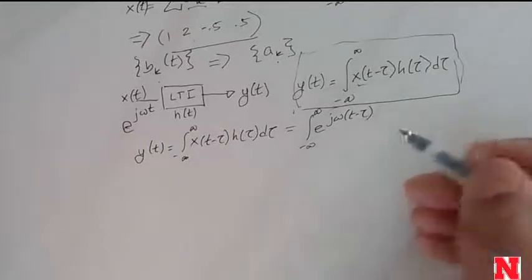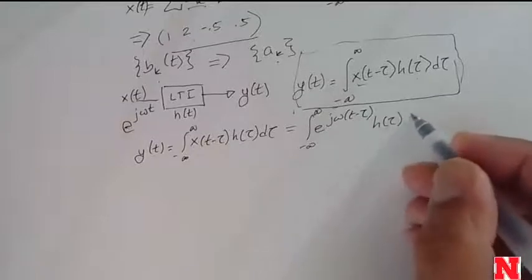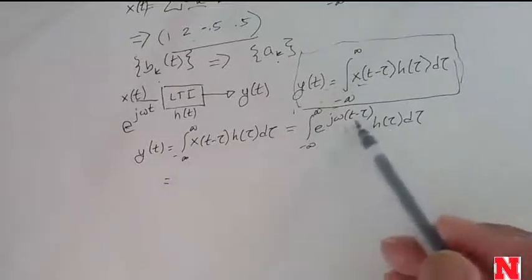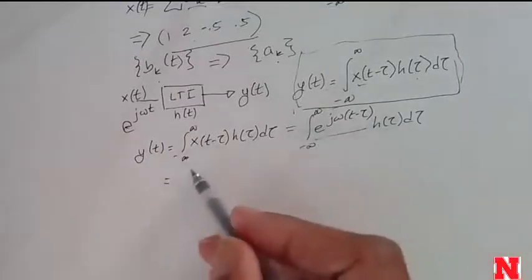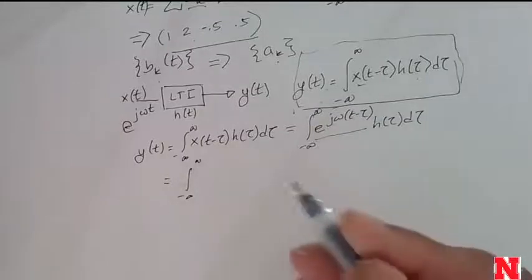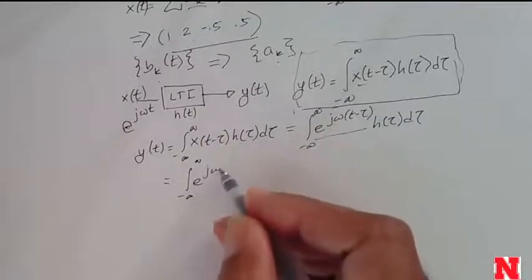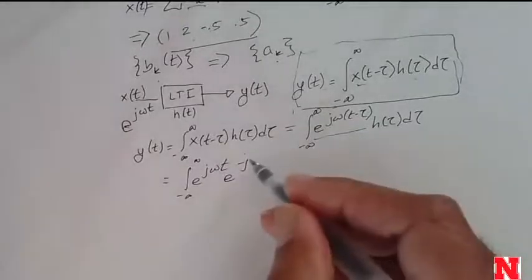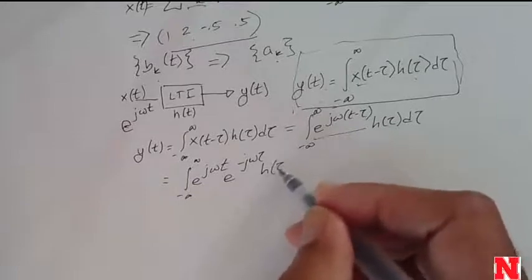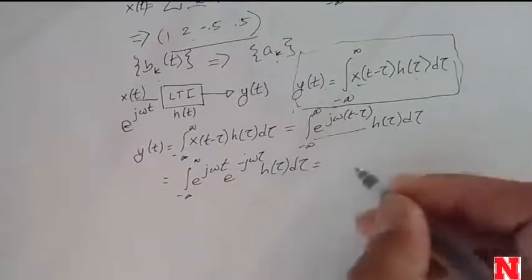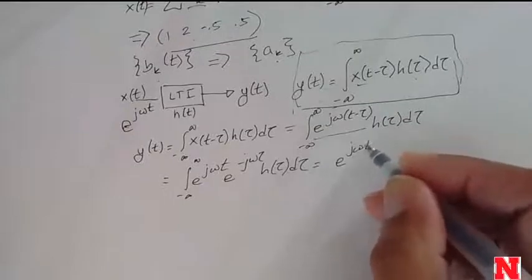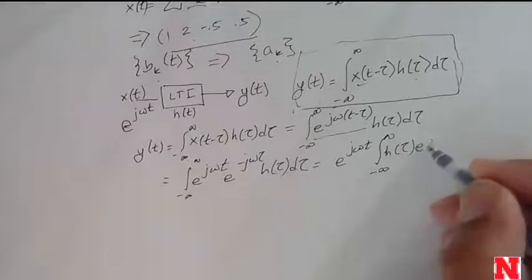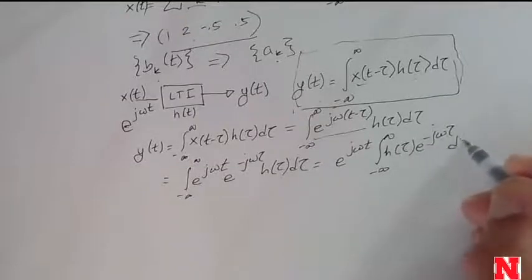That was my x, times h of tau d tau. Let me split this up. This is the integral from minus infinity to infinity of e to the j omega t, e to the minus j omega tau, h of tau d tau. Or I can write that as e to the j omega t times the integral from minus infinity to infinity of h of tau e to the minus j omega tau d tau.